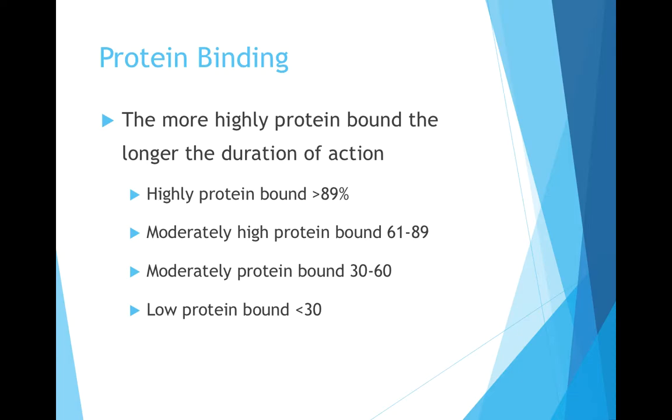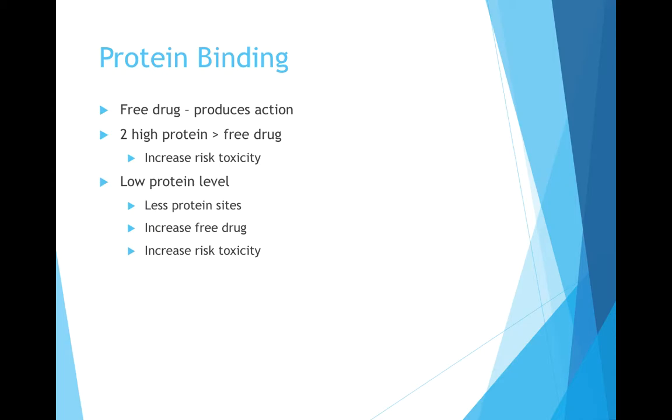And this just is a description of the highest to lowest protein bound concentrations. So we know that the only drug that produces the action in the body is the free drug. So obviously, the more high protein binding we have, the less free drug we have.